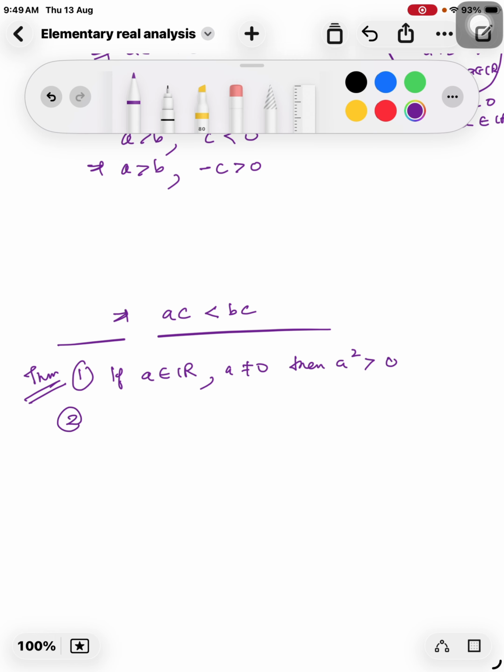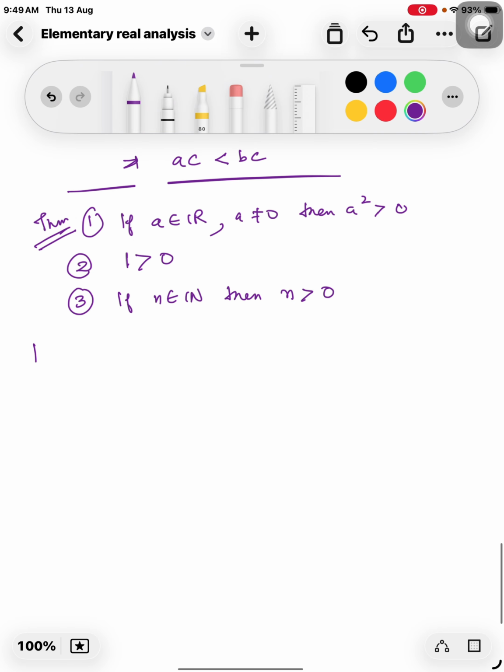And using this we will show that 1 is positive, and then using 1 positive we will show that if n is any natural number, we have already defined natural numbers as repeated sum of 1. 1 plus 1 plus 1 n times gives us n. So अगर n कोई natural number है तो हम ये भी prove करेंगे that n is positive.